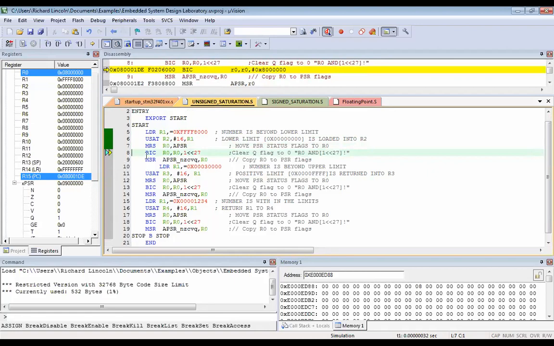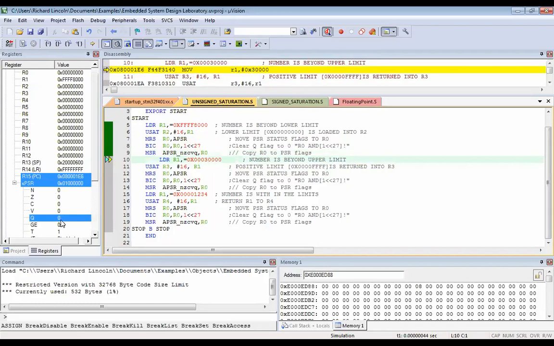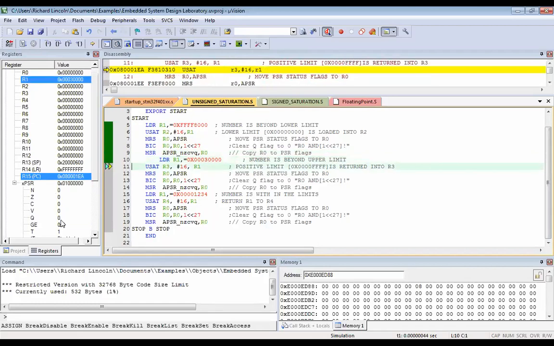We're going to do bit clearing. Now R0 is 0, so that value should come and sit here. Q should be made 0. Then we move a different value, 3003, and then 0000.